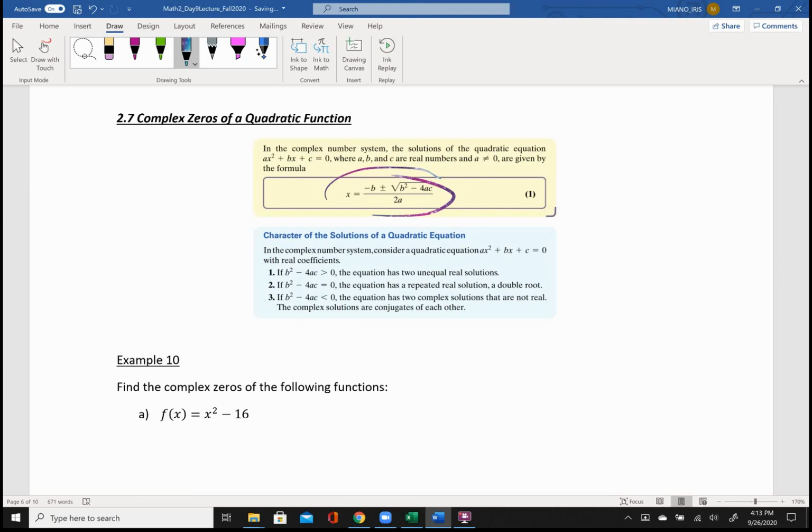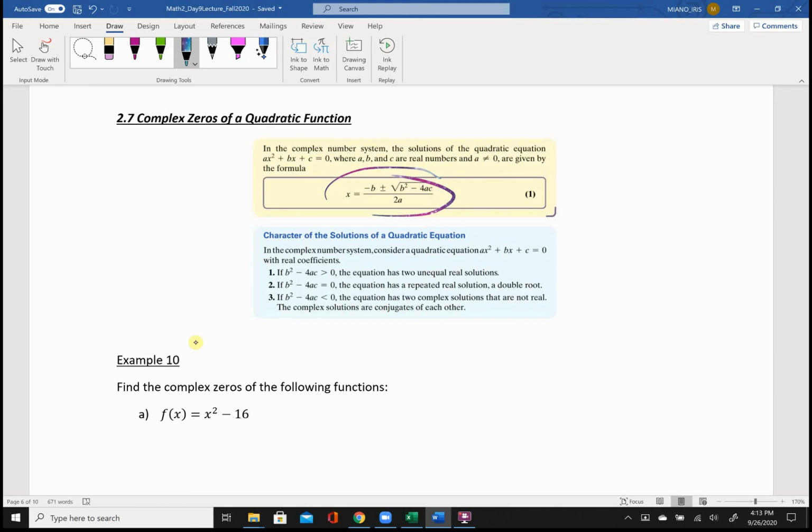In any event, the other thing that we want to note from this section is what we can glean about the characteristics of our zeros by virtue of the discriminant. So that is the thing under the radical in the quadratic formula, the b squared minus 4ac.